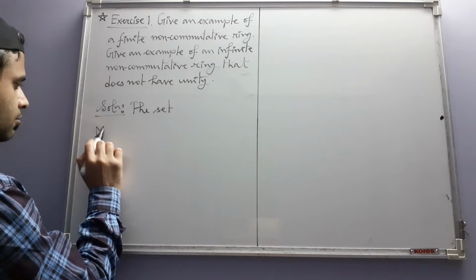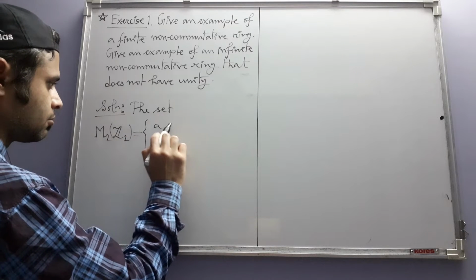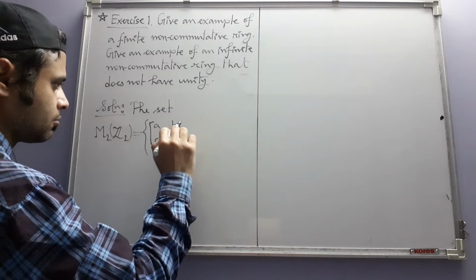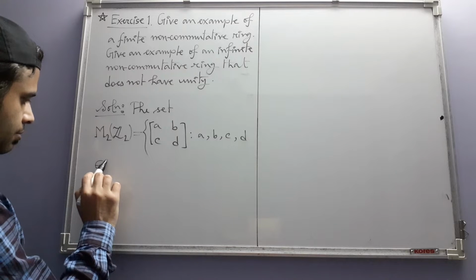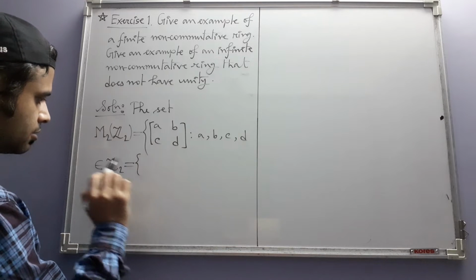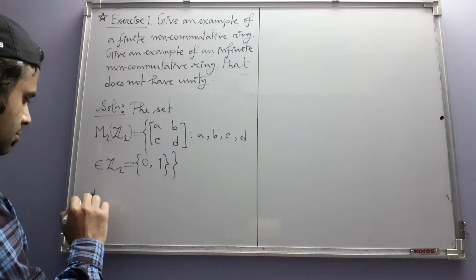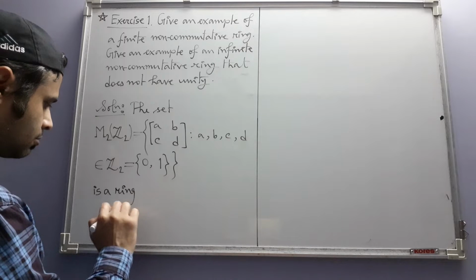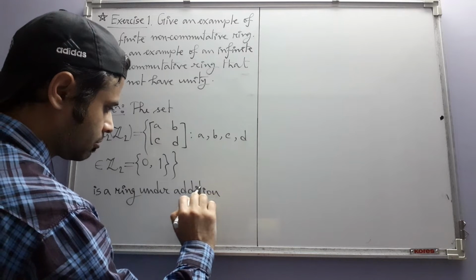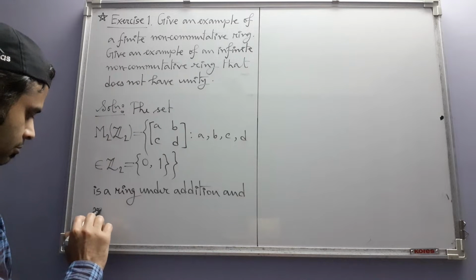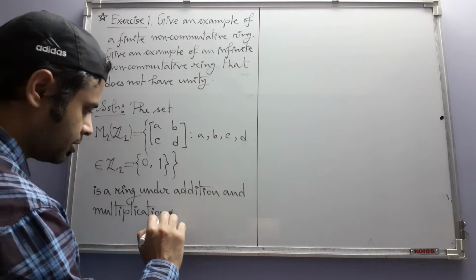The set of 2 by 2 matrices where the entries are coming from Z2, which itself has the entries 0 and 1, is a ring under addition and multiplication of matrices.